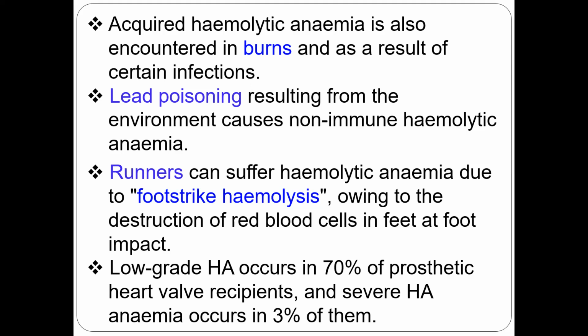But when you put the prosthetics in the heart and the red blood cells pass by them, they get scratched and broken. And so the damaged and scratched red cells, when they get into the spleen, are removed as well. And so people with prosthetic heart valves may end up with hemolytic anemia. Low-grade hemolytic anemia occurs in 70% of prosthetic heart valve recipients, and severe occurs in about 3% of them. So it's still an issue to be grappled with.